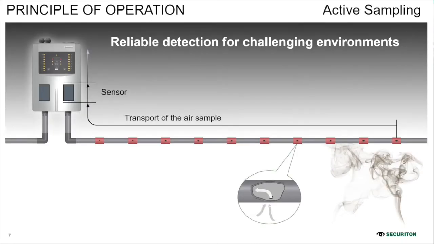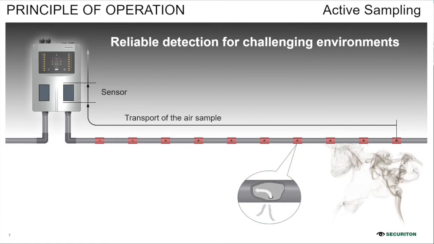Unlike passive smoke detection systems, including spot detectors, ASD systems actively draw smoke to the detector through boreholes within a piping system that runs throughout the protected area. Furthermore, ASD systems incorporate integrity monitoring to ensure an alert is raised any time the ASD's ability to detect smoke is compromised.